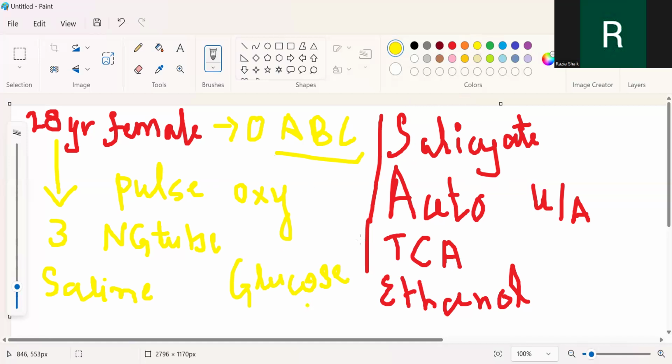Once the patient is stable, we also might want to look out for a head trauma, so go ahead and do a CT scan of the head. In any case of falls or altered mental status, we can do a CT scan.